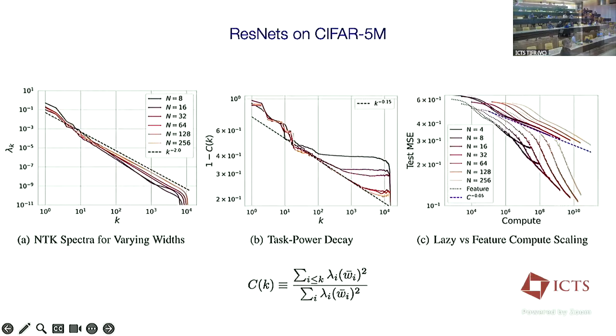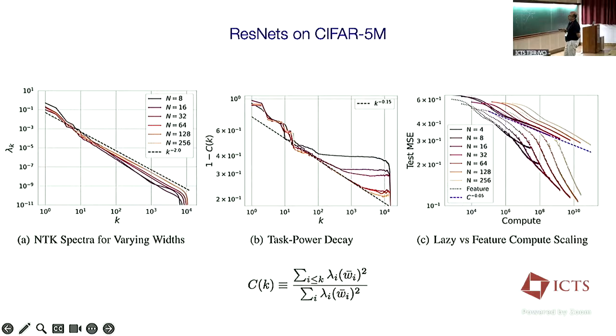All right, so let's put this to the test. What we're going to do is take a ResNet on CIFAR-5M, and do all of this at initialization. We're going to extract an empirical NTK. So this is the eigenspectrum.